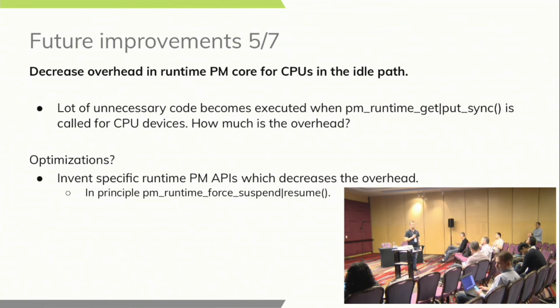So we've been considering that maybe we should invent a specific runtime PM backdoor, so to say, to do only the things we need and bypass a lot of the code, including the ktime_get calls. That's another thing that can be considered as an improvement to decrease this contention and latency.